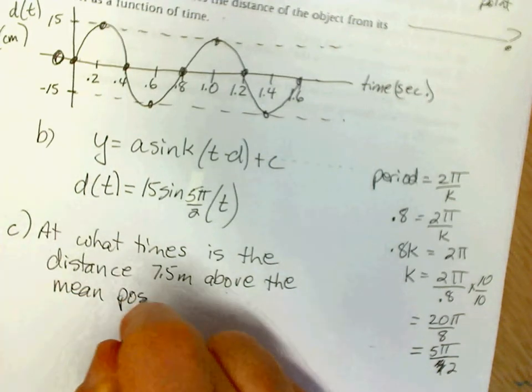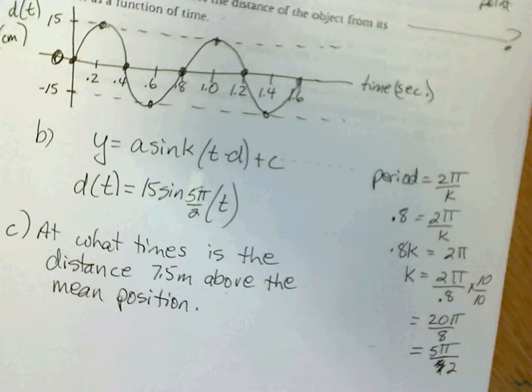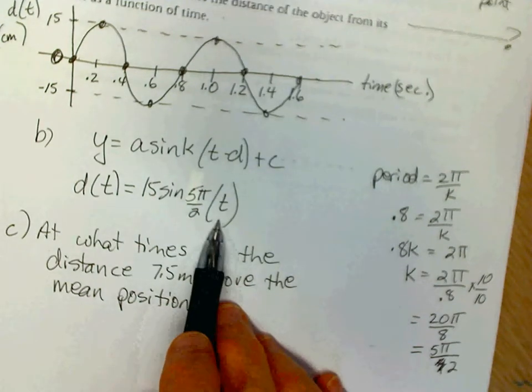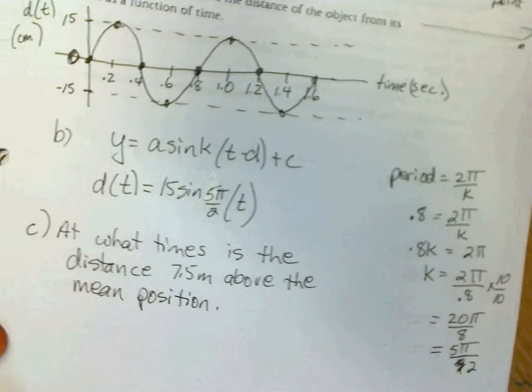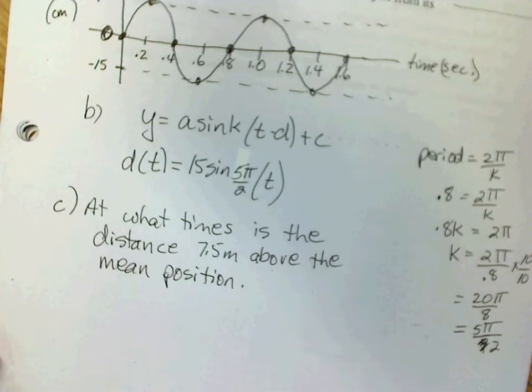Now they're telling us the distance, but we have to now calculate the time. Look at where our t variable is. So where do we start? Any idea?